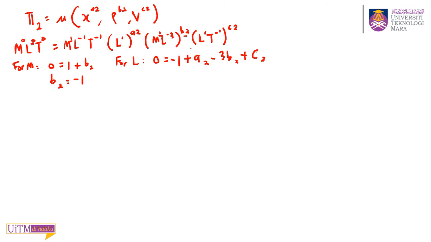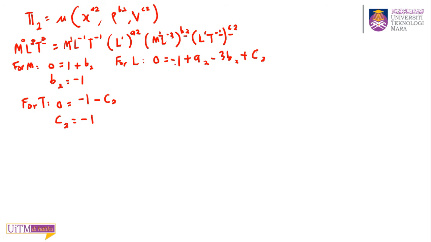We have 2 unknowns again, so we need to solve for T first. So for T, 0 equals minus 1 times C2, so minus C2, so we know C2 will equal minus 1.